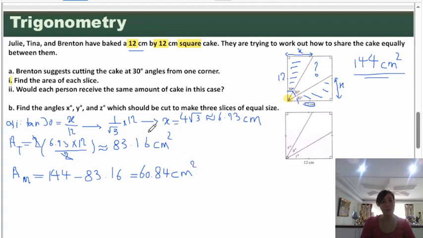Okay? It's the area of two triangles. So if I divide it to get the area of one triangle, it would be almost 41 point something.